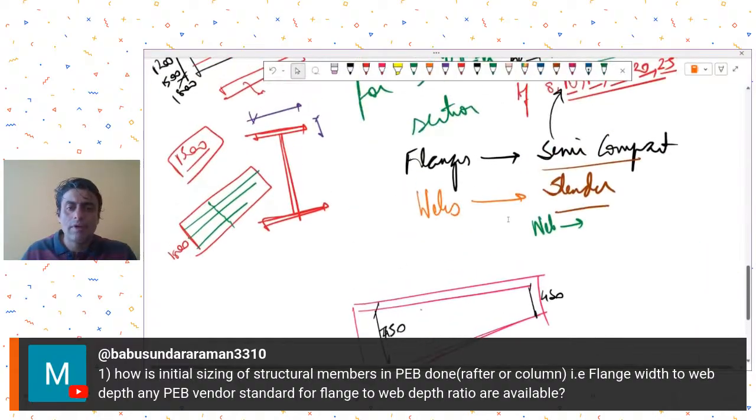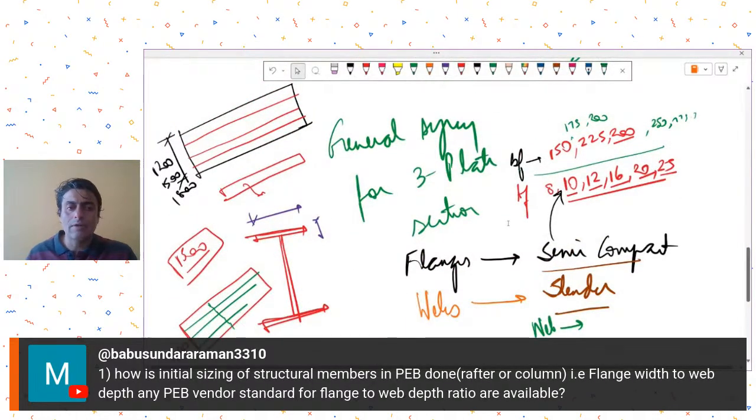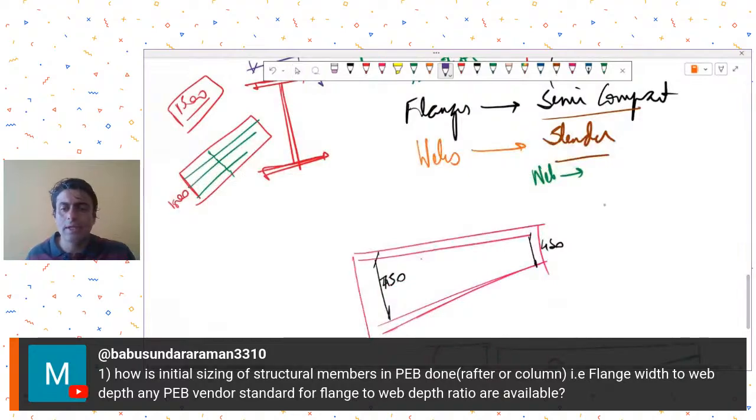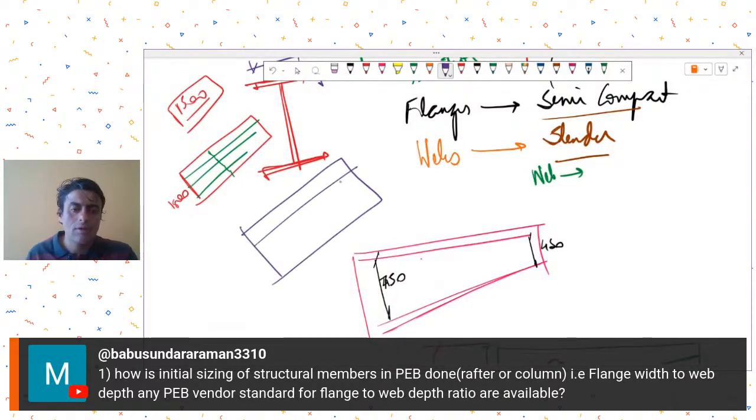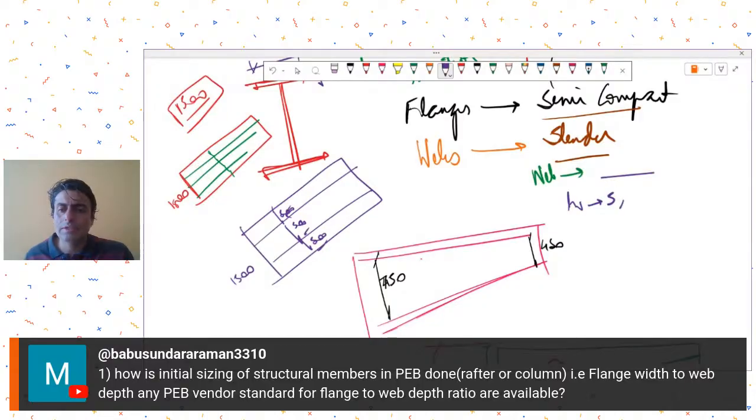So the web depths, if you are going for a straight web, then again the same principle applies: depending on the plate width, let's say if you have a 1500 wide plate, maybe you go for 500 web depth, so that you can get three equal pieces, and so on. So that is how you decide the web depth. For the thickness of web, generally we do not go less than 5.